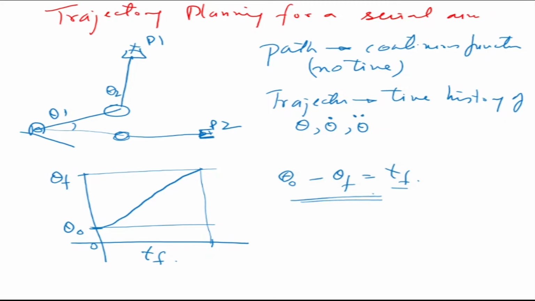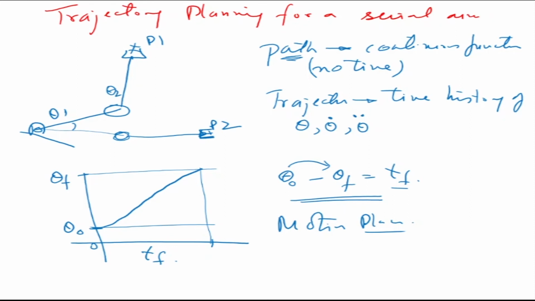So path is not enough, we have to come to motion planning. In motion planning, I have to worry about the trajectory of motion. What is the equation of the trajectory that will take me from theta naught to theta f? In the two-link manipulator case, there will be two trajectories.